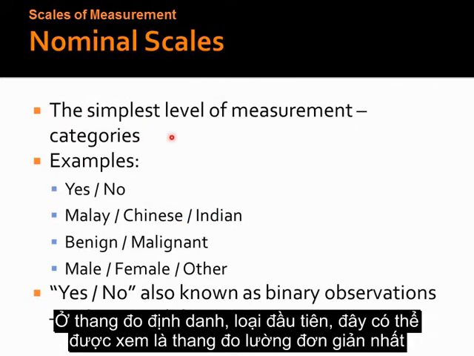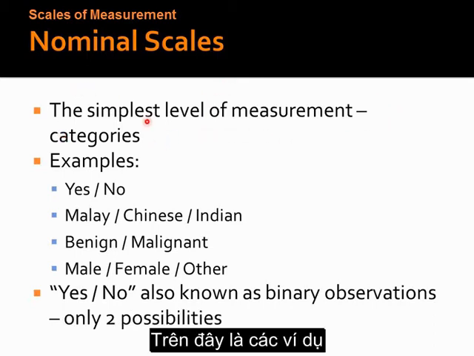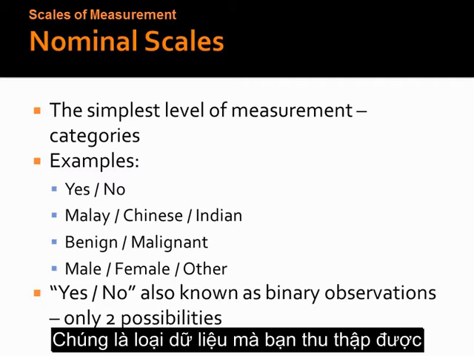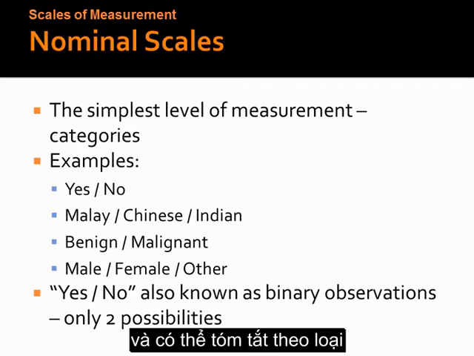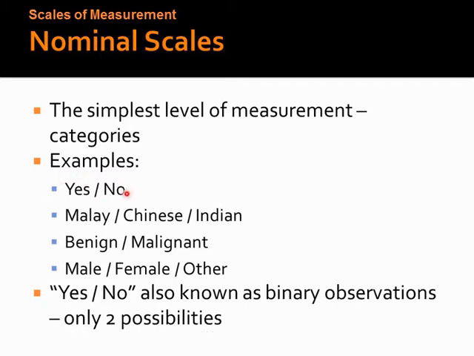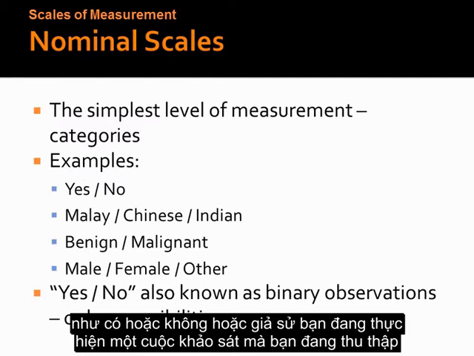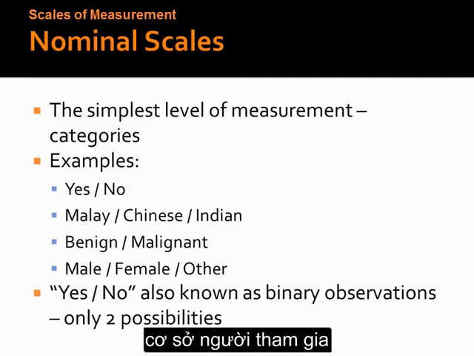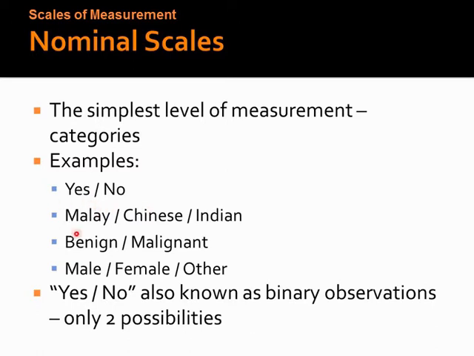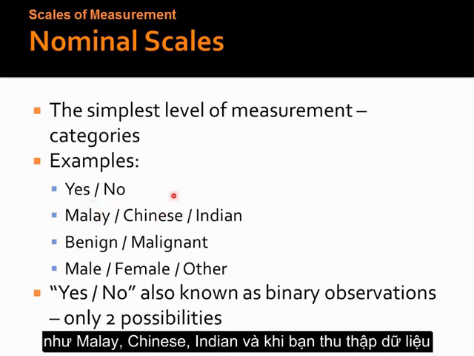Now, nominal scales are the first type, and you can call it the simplest level of measurement. The basic way of describing it is this is category type data, where the kind of data you collect can be summarized in terms of categories. For example, yes and no, or let's say you're doing a survey, you're collecting the race of the participants, and they say I am a Malay, I'm a Chinese, I'm an Indian.